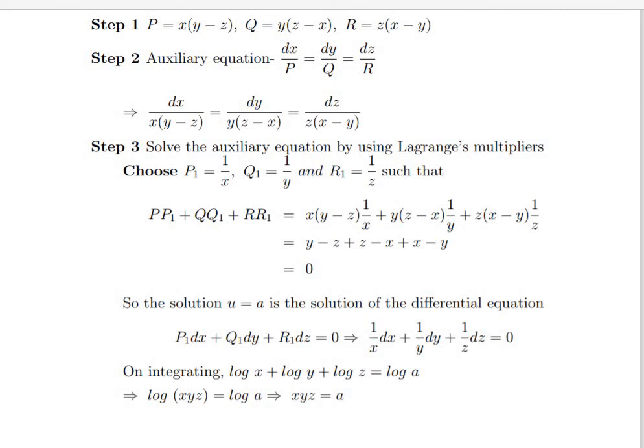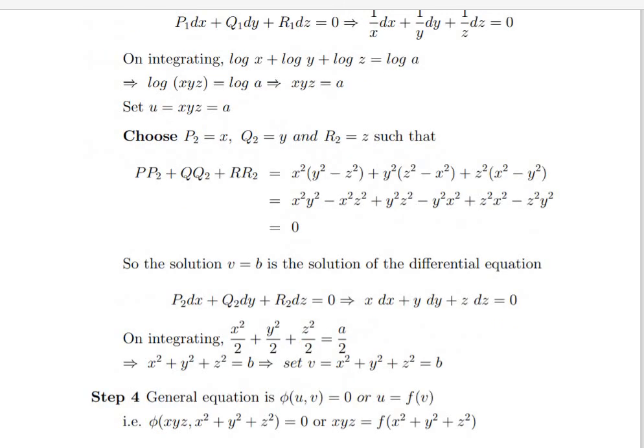Substituting P1, Q1 and R1, we will get dx by x plus dy by y plus dz by z equal to 0. Now on integrating, we will get log x plus log y plus log z equal to log a. Performing the operation of logarithms and eliminating the log, we will get xyz equal to a. So we will set u as xyz equal to a.